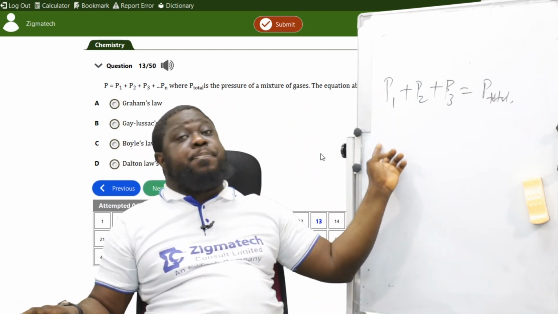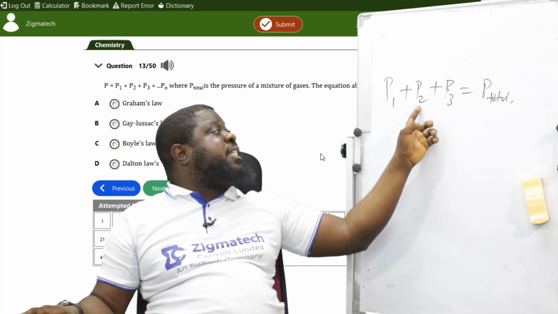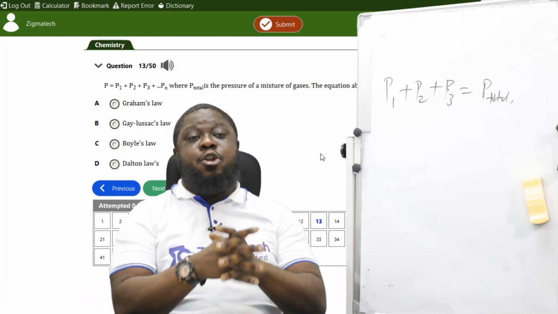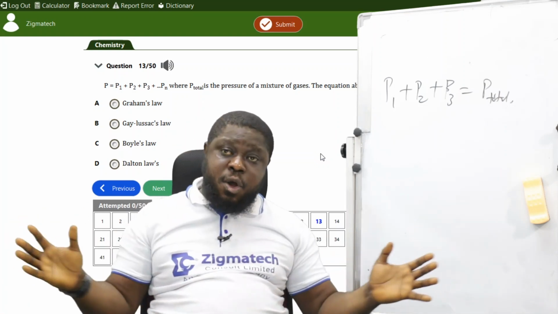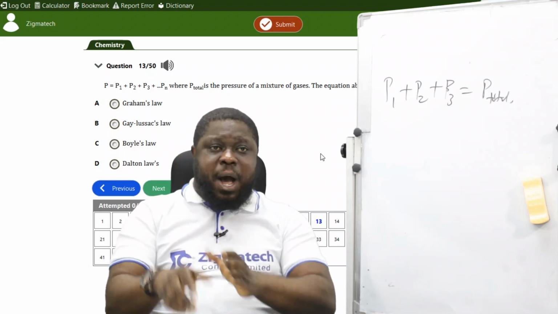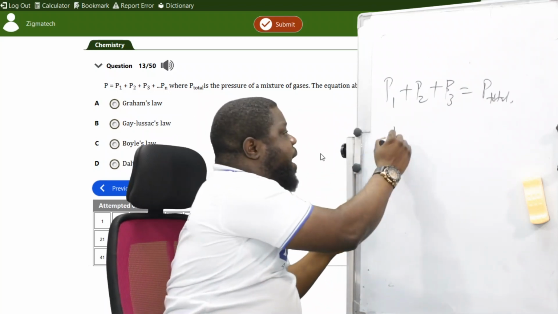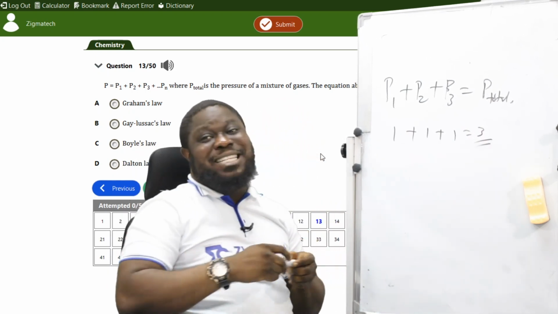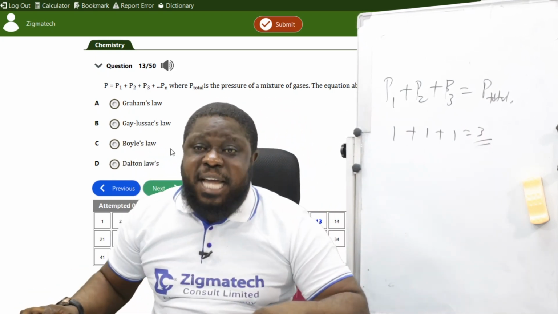The P1, the pressure of the first gas, the second pressure of the second gas, the third pressure of the third gas gives you the total pressure of all the gases. In essence, it is 1 plus 1 plus 1 equals 3. So the answer there is Dalton's law.